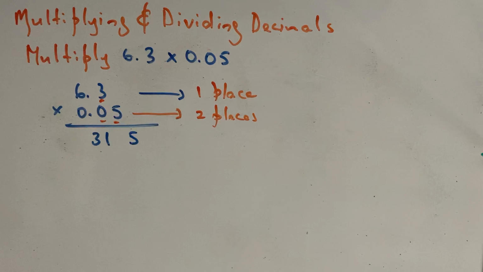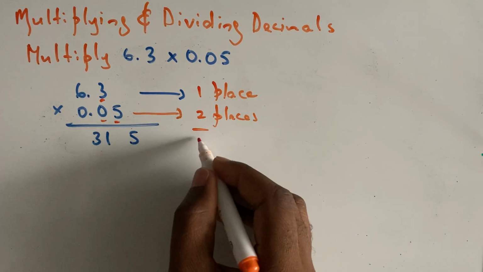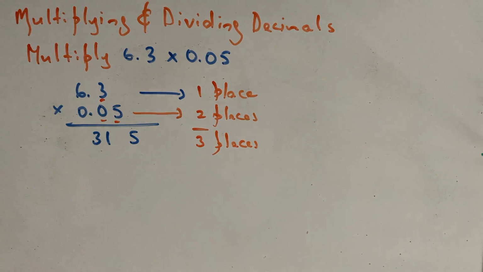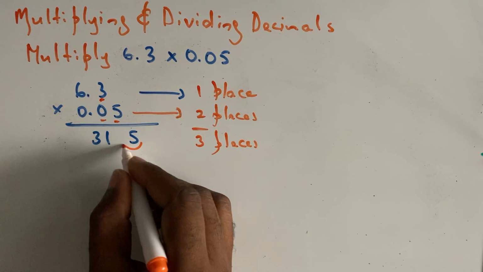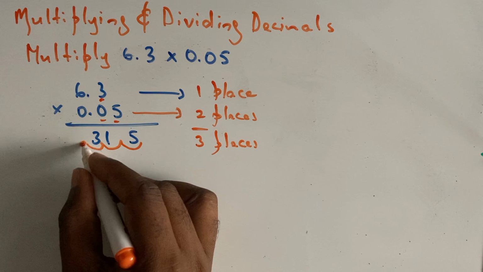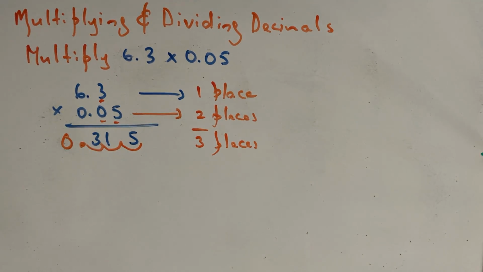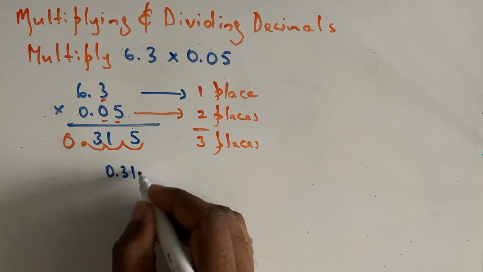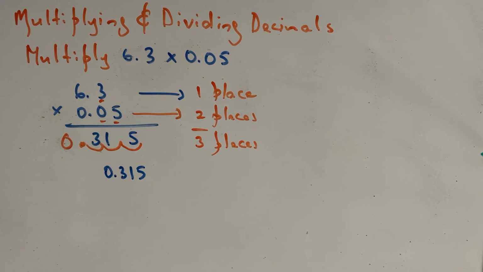So in the last one, you're going to need 3 places right here in your product. So starting from here, you go 1 place, 2, 3. Stop here. Put a 0 here. So it's 0.315. This is how you multiply decimals.